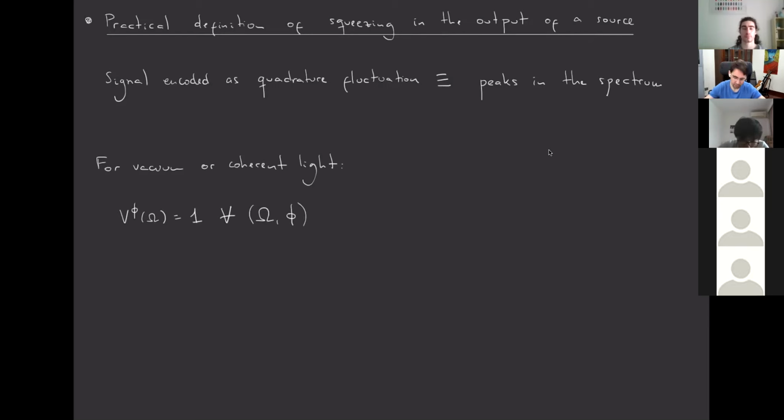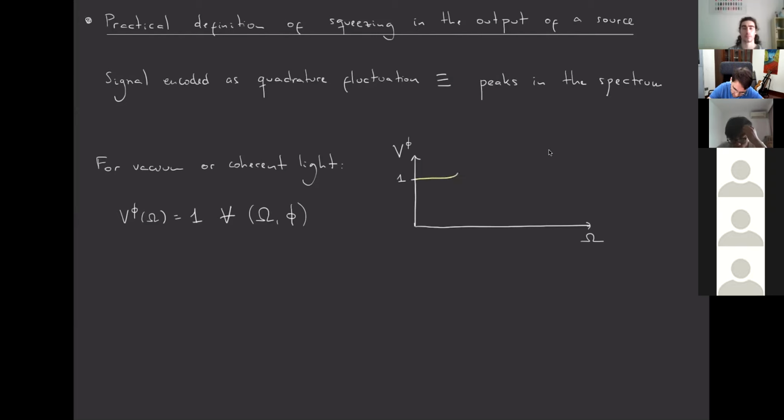Okay? Then what happens is the following, that when people at LIGO check how is the spectrum, how is V of a given quadrature, as a function of omega, what they observe is essentially something like this. So at 1, they have something flat.